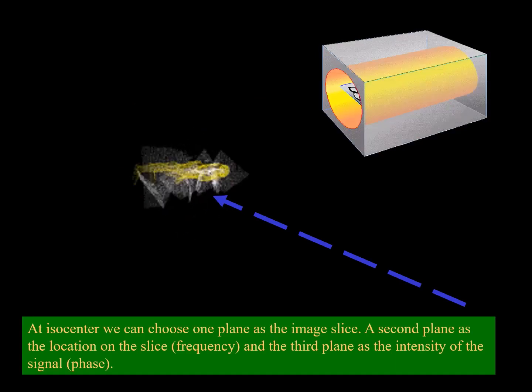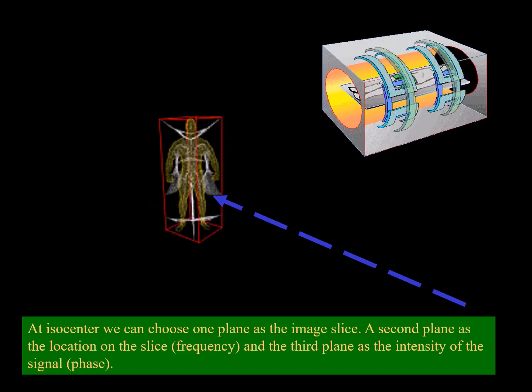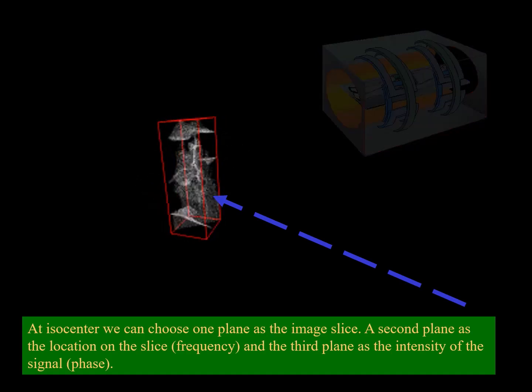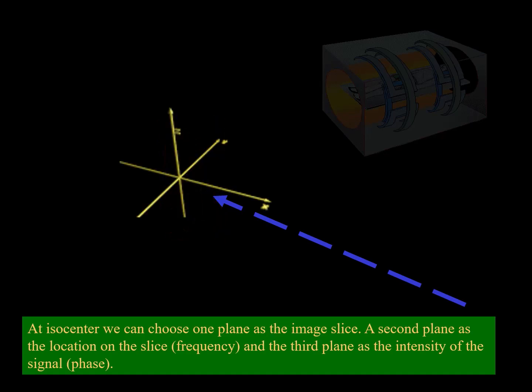So let's say we have an axial image at this point and at this intensity. That intensity gives us a shade of gray, which corresponds to the tissue density. We then just map the densities onto a matrix, and we have an image.